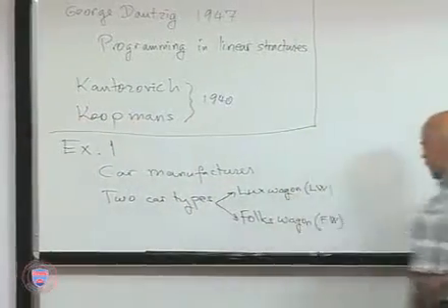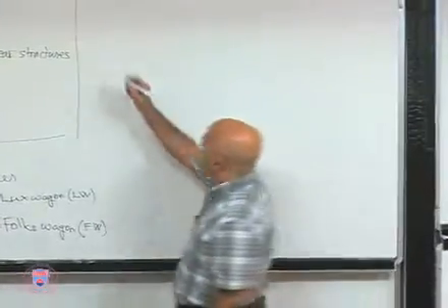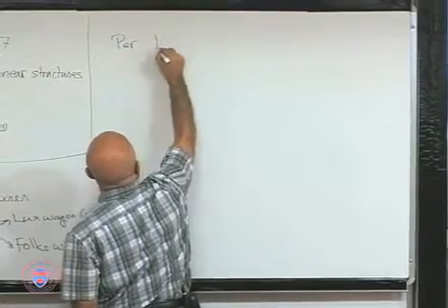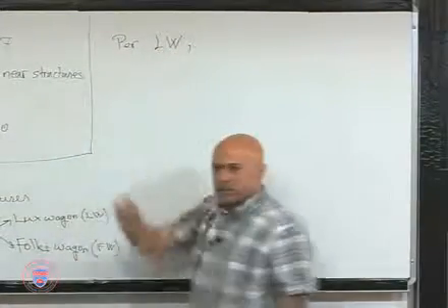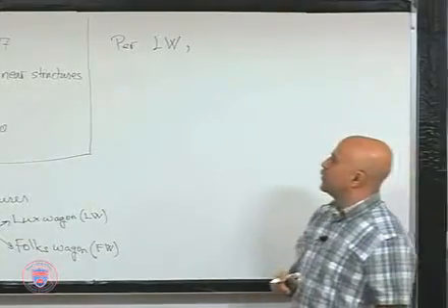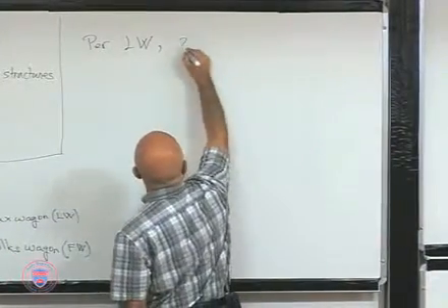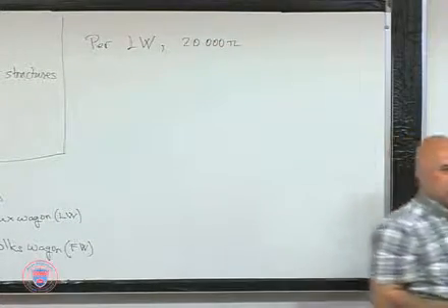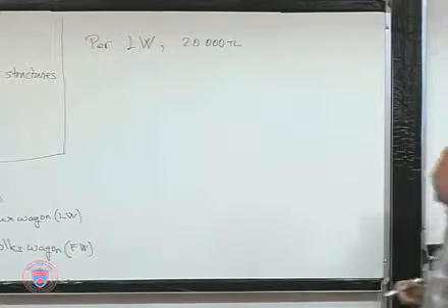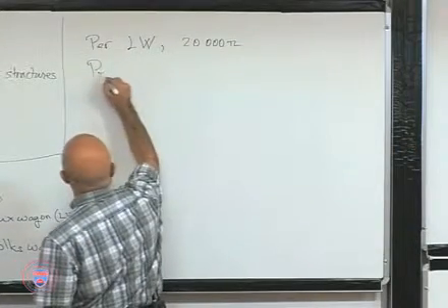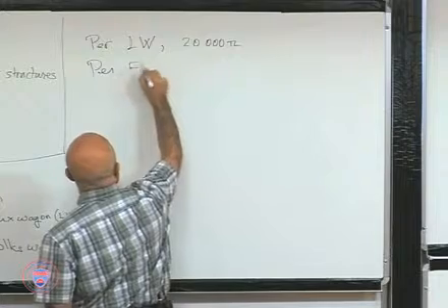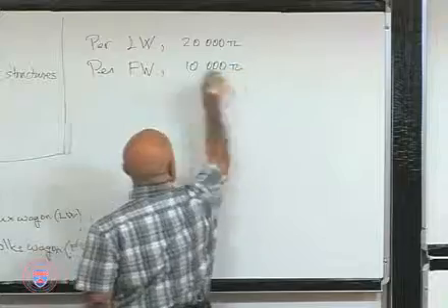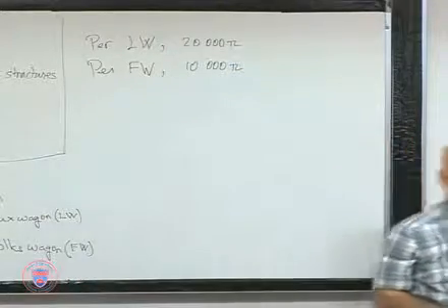Now it turns out that per Volkswagen, you can sell it to people at a profit of, say, 20,000 Turkish liras, okay, per Volkswagen. Again, per Volkswagen, you can sell it at a profit of 10,000 Turkish liras per car.